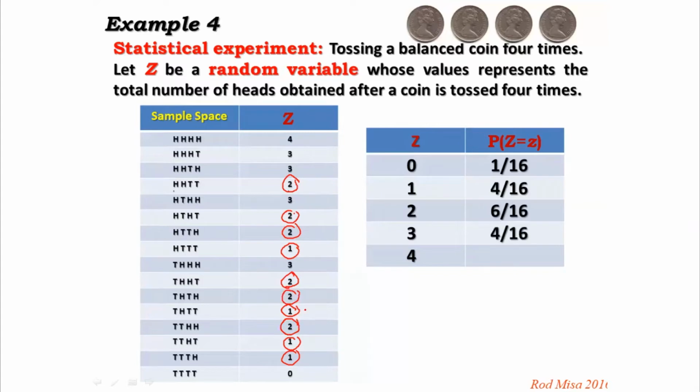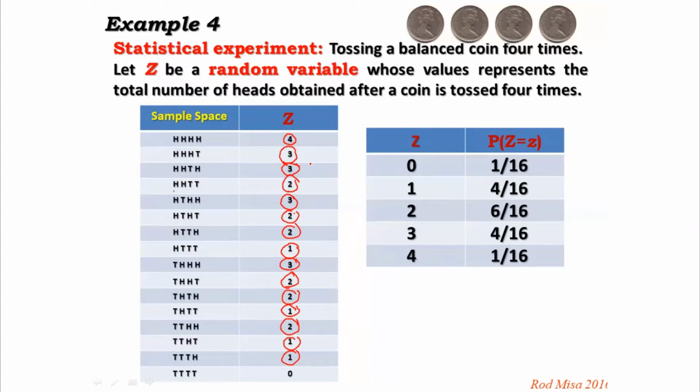While 3 occurs 4 times: 1, 2, 3, 4. While 4 occurs only once there. Thus, this table represents a probability distribution.